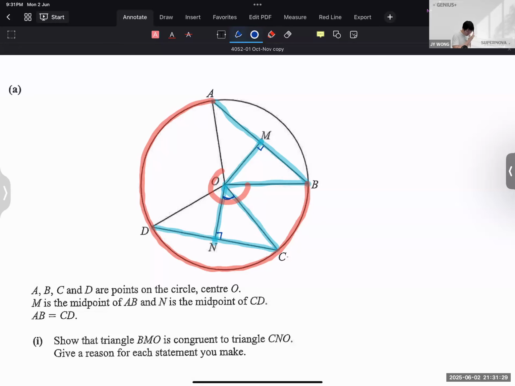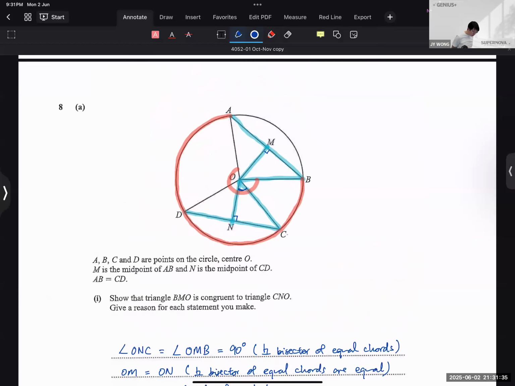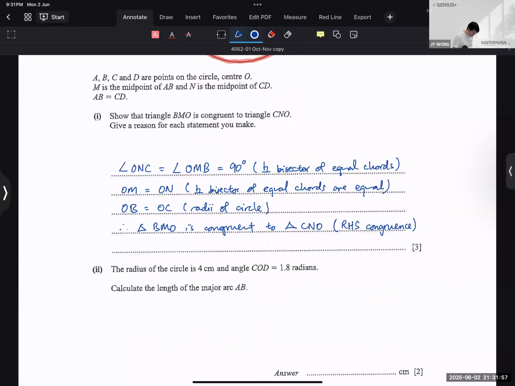So how to find the angle? If COD is 1.8 radians, COD is the same as which angle? COD is the same as this angle, right? Because congruent triangles, and because of perpendicular bisector, this angle will also be 1.8. They say which angle is 1.8?